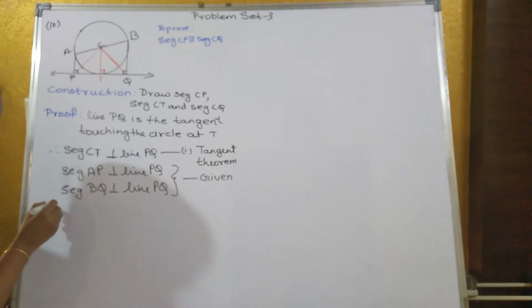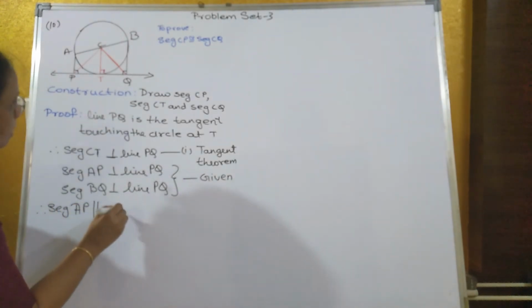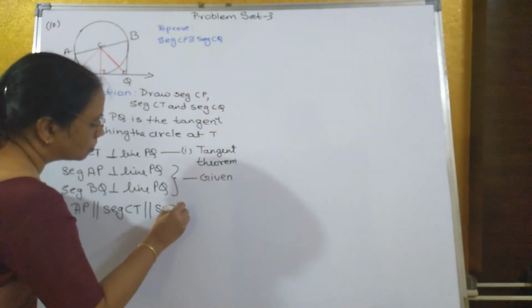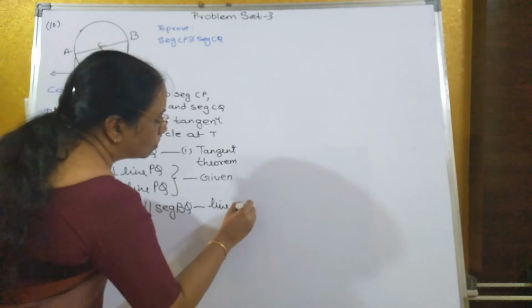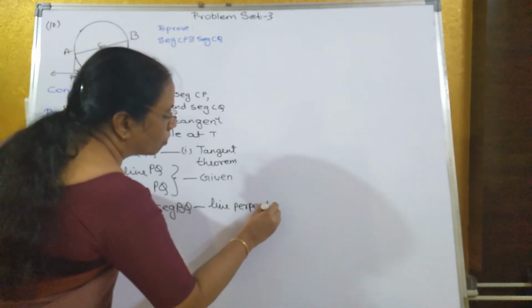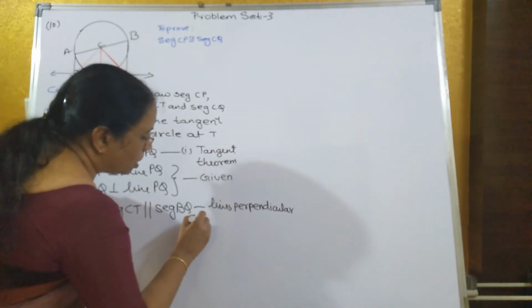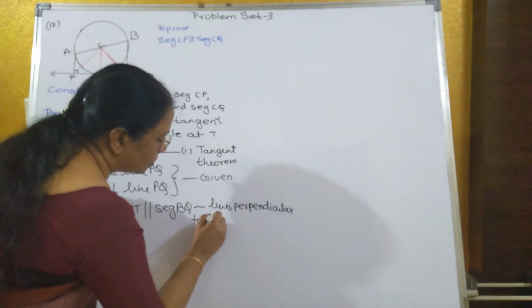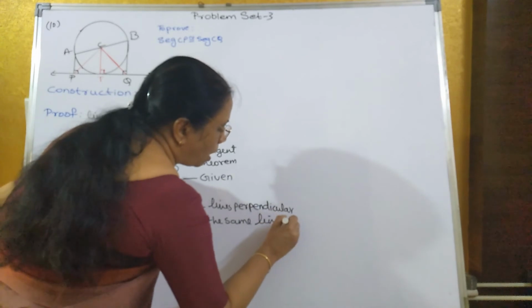So therefore, seg AP is parallel to seg CT is parallel to seg BQ, because lines perpendicular to the same line are parallel to each other.